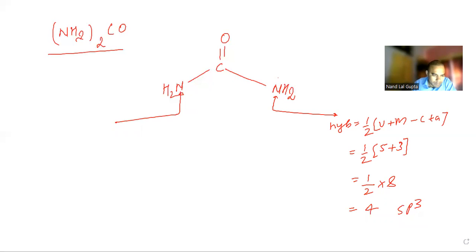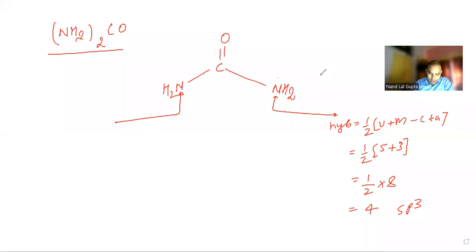Now, they are asking what are the predicted electron domain geometries around the carbon and both nitrogen atoms in the urea, applying VSEPR theory. That can be answered easily, not a problem.